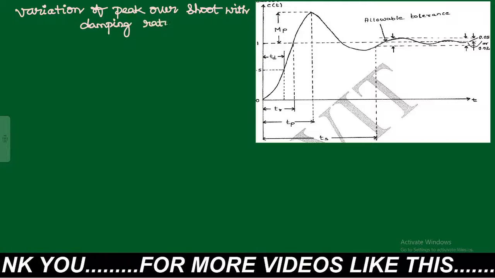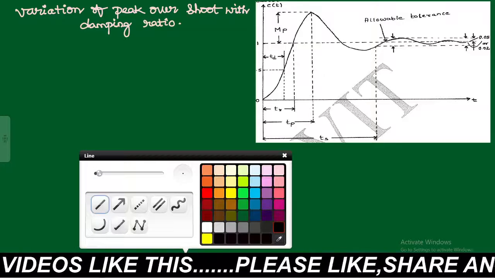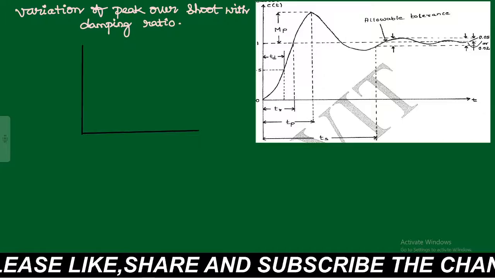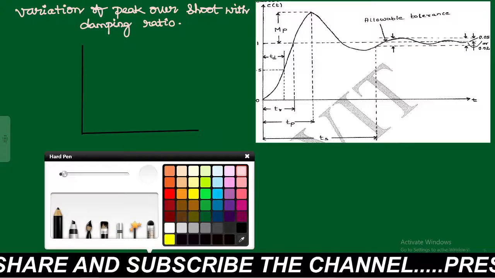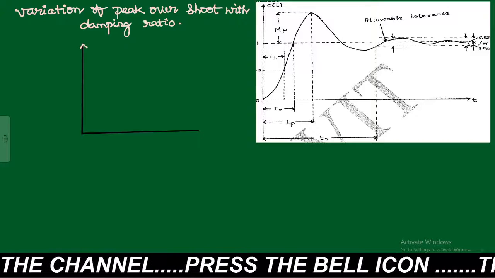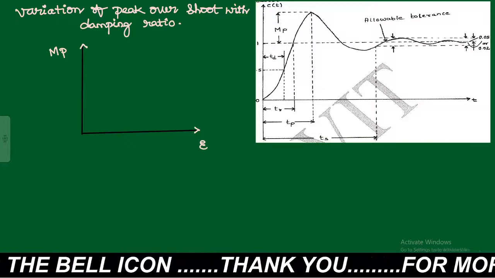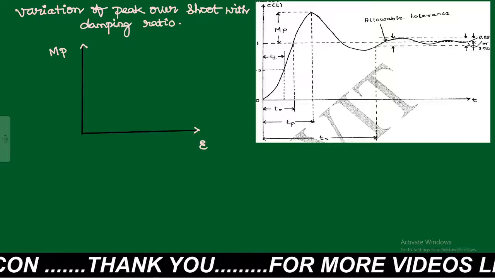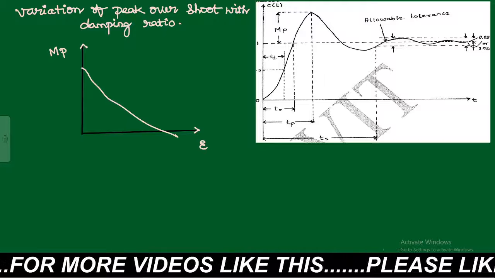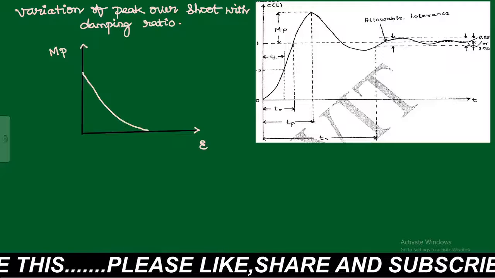Whenever you draw the peak overshoot variation, the graph will go like this. Let us draw the graph of this expression. We take the Mp value with respect to the variation of zeta. If you observe the graph, the Mp value is exponentially decaying, we can say, slowly it decreases like this.